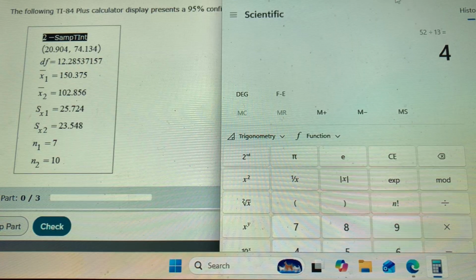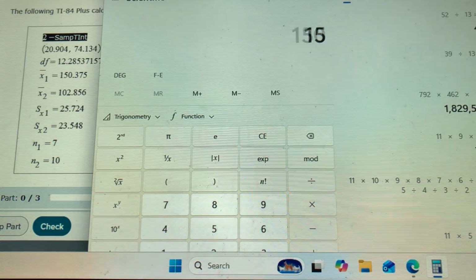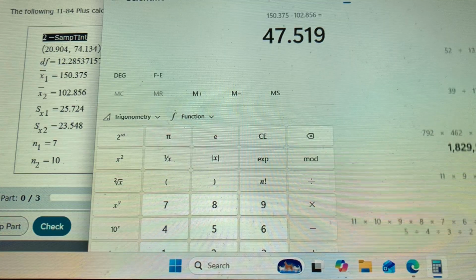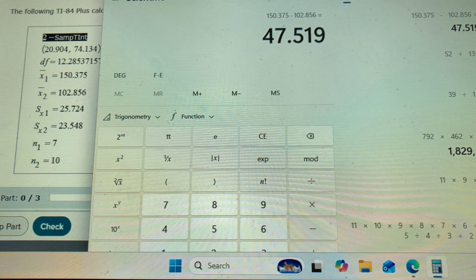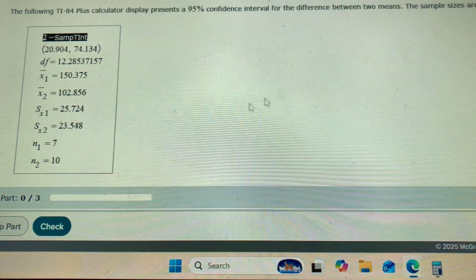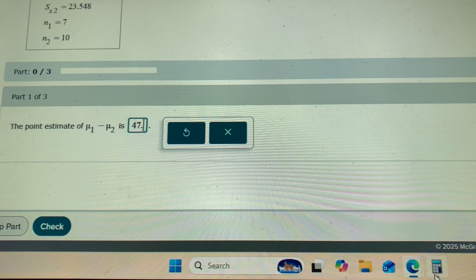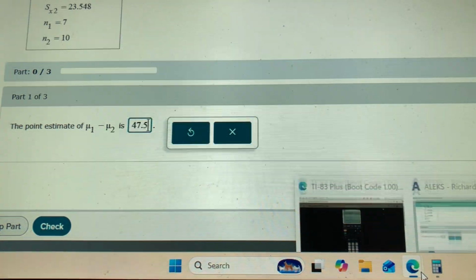So I can simply take 150.375 and subtract 102.856. In the sample means, there's a difference of 47.519. That's the point estimate. The point estimate is like one chance to get this prediction right.